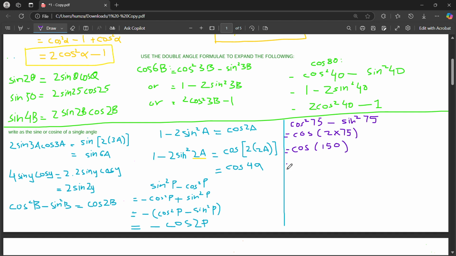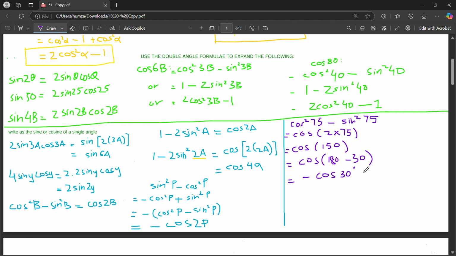Now we reduce this angle, and by reducing we can say cos of 180 minus 30 will give you the 150, or another word we can use is we are using the compound rule. So we are using the special angles, and then we can use the rule: cos of 180 minus theta, that is 180 minus 30, will give you minus cos 30 degrees, because this is in the third quadrant, and in the third quadrant cos is negative.